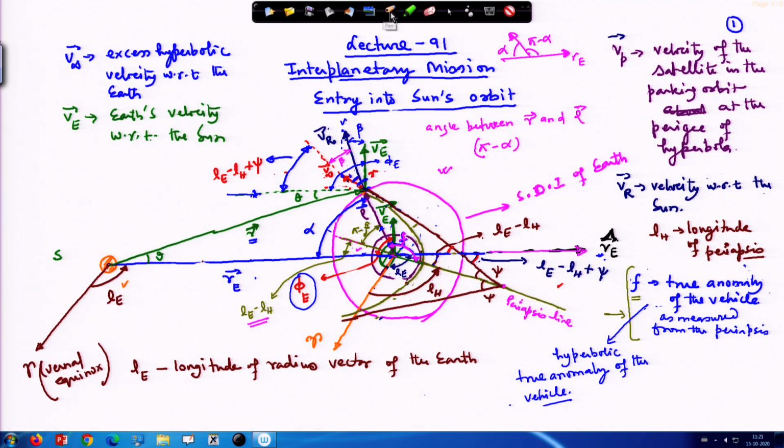That velocity, the extra velocity, will be imparted here at the perigee position. In that context, I have made this figure, kept ready for reference.